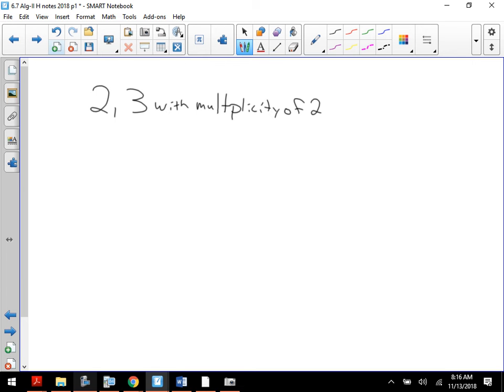So if 3 is a 0 with multiplicity of 2, how many terms should I have that has a 0 of 3? 2. You just have it twice. So this would be x minus 2, x minus 3, x minus 3. I just want to make sure you saw what it would look like.